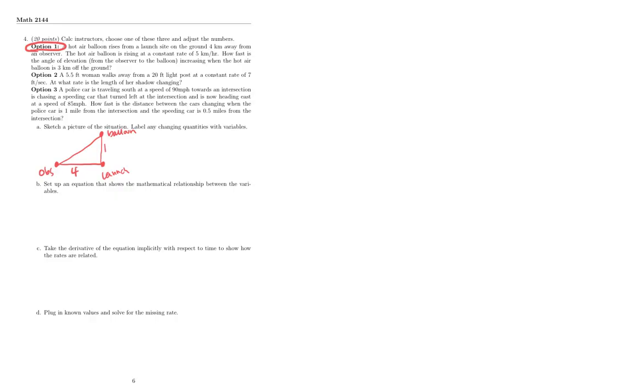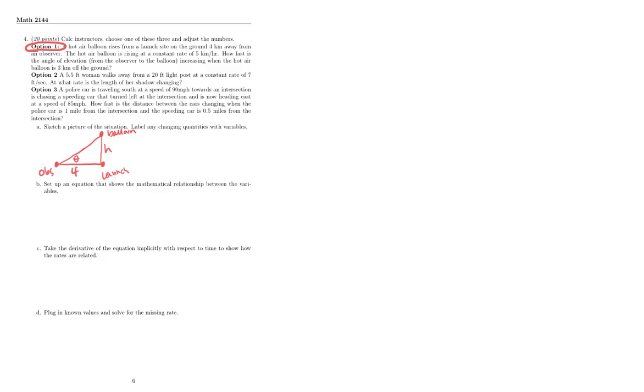What I don't know is the height of the hot air balloon. The question is asking us about the angle, so I'm going to label that angle theta. How fast is the angle of elevation increasing? Okay, so that is my situation there.